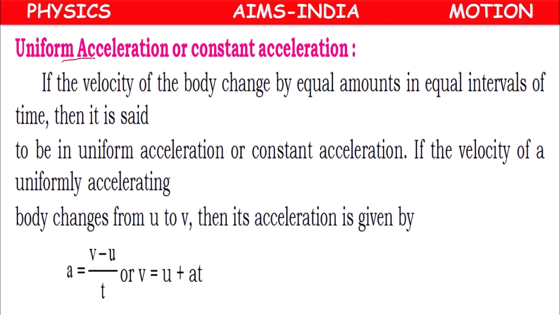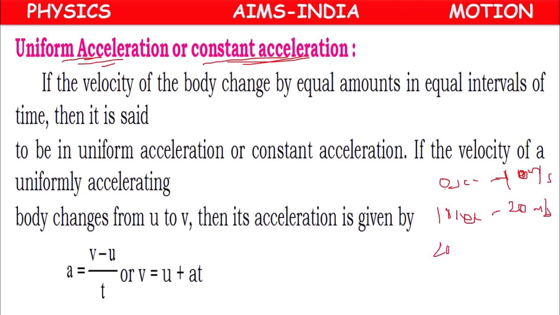Next, uniform acceleration or constant acceleration. Suppose we started the journey from 0 seconds. Velocity is 10 meter per second. Now after 10 seconds, velocity changed to 20 meter per second.